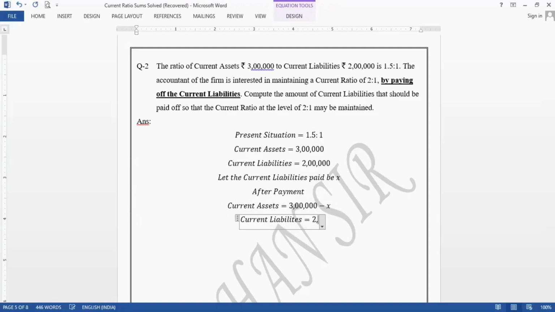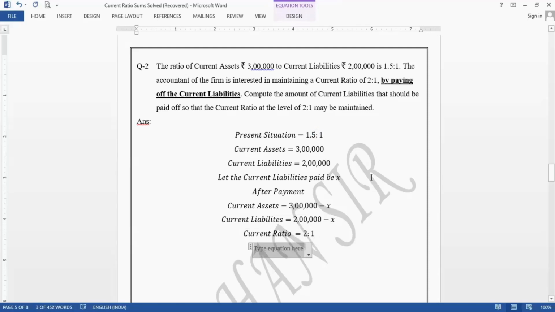Earlier the liabilities were 2 lakh and the amount paid has been assumed as X. So after payment, current assets is 3 lakh minus X, current liabilities is 2 lakh minus X, and after payment, the current ratio to be maintained is 2:1.